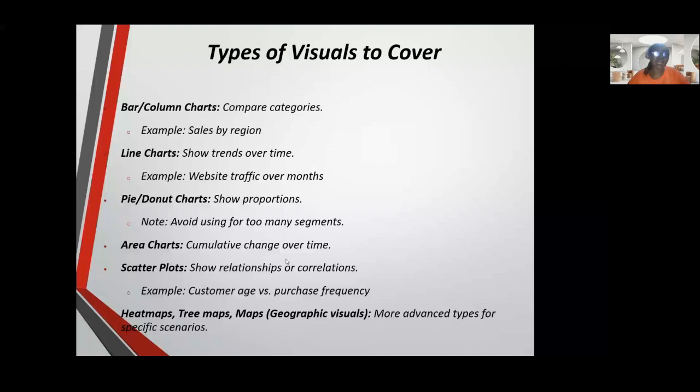I have the scatter plots, which show relationships or correlations. Example is customer age versus purchase frequency. I have the heat maps, tree maps. These are more advanced types for specific scenarios.